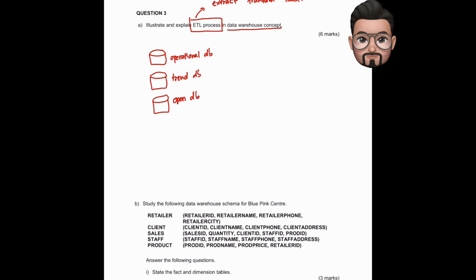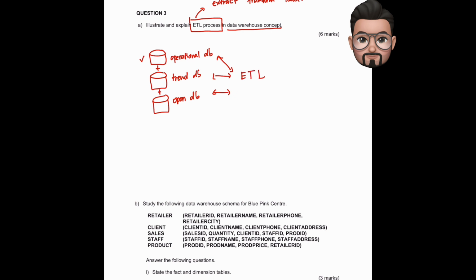So it can be from any kind of database. But the most important one is of course your operational database. This is the database that they are using on daily basis. So by right, you can add the other sources of the database to make the data richer. So all of this will be extracted.